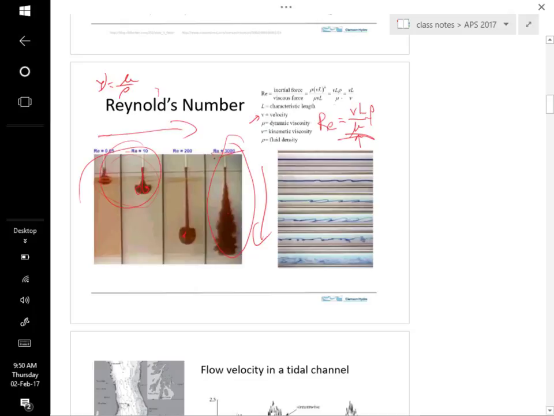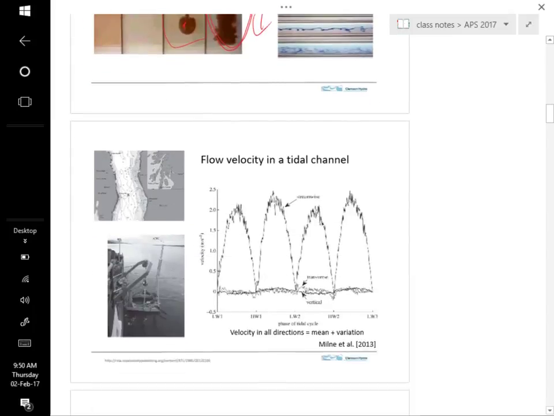The details of just what these Reynolds numbers should be will depend on the geometry, but a Reynolds number of 3,000 is turbulence, and then we expect to have a kind of transition region in between where we may get some vortices that are forming, but they won't be throughout the flow.